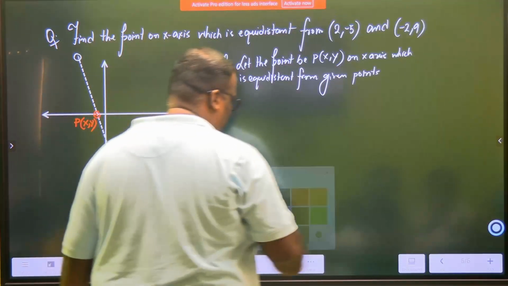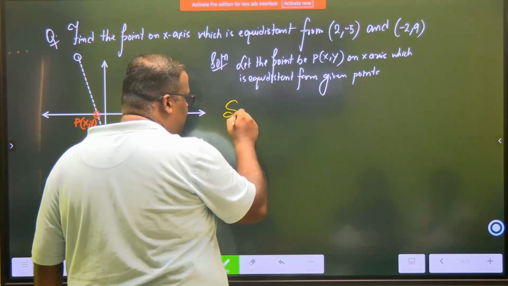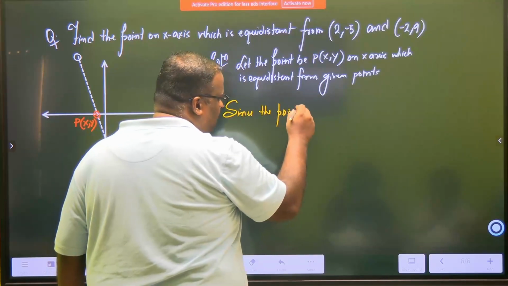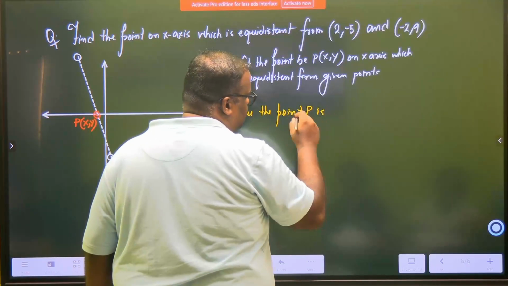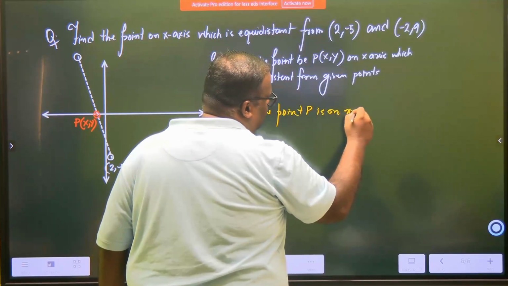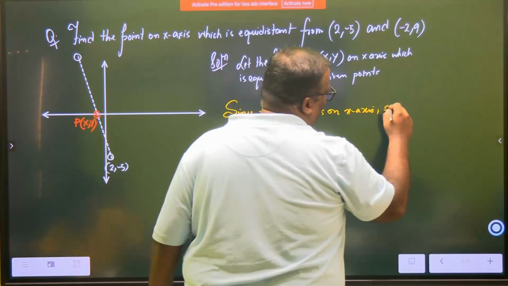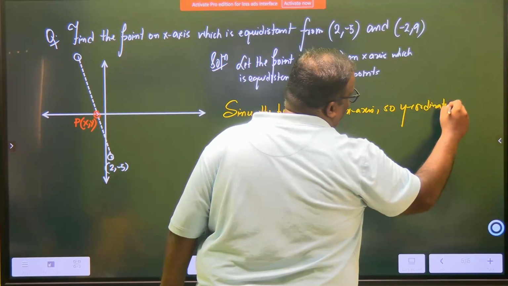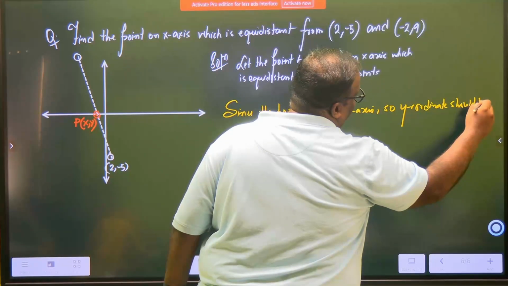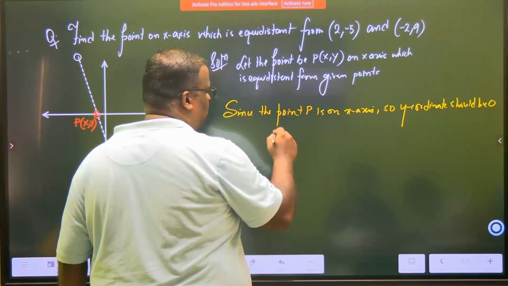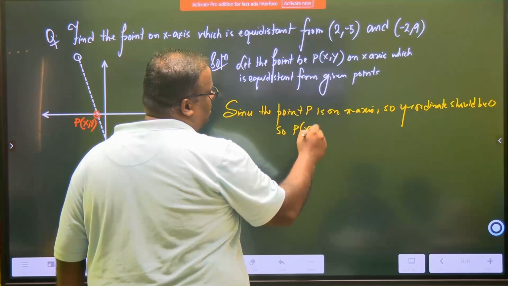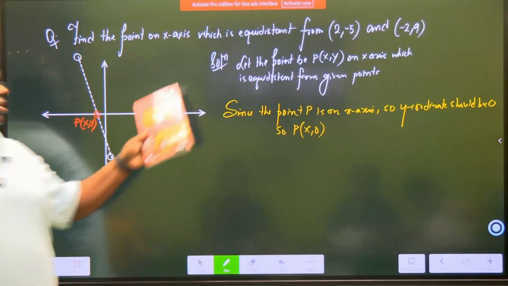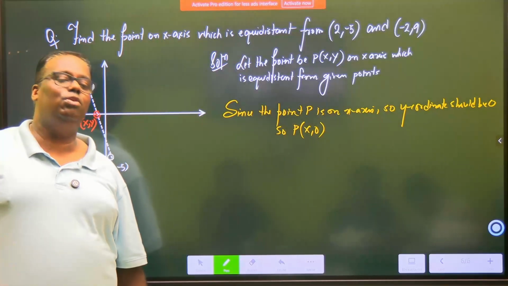The mistake that we have done is, since the point P is on the x-axis, the y coordinate should be 0. So the point is actually P(x, 0). Did you understand this or not? Otherwise you would have got two equations in two variables which you don't know how to solve.